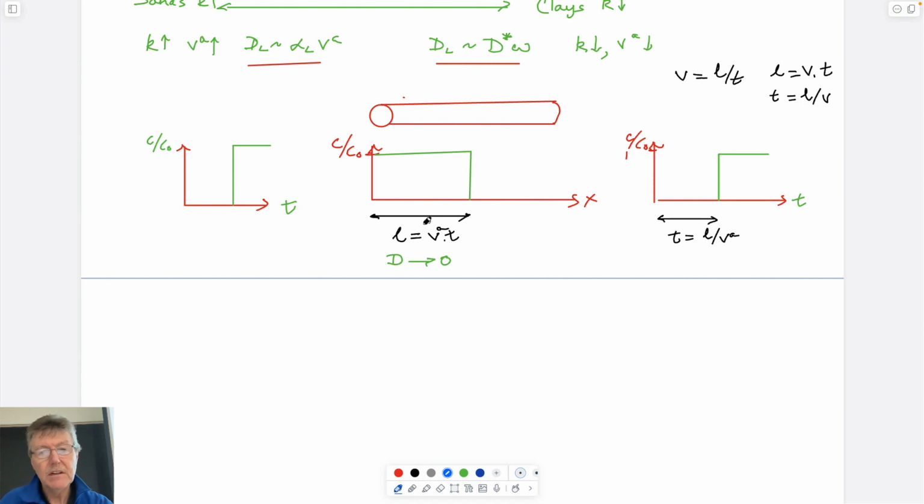And the blue would be for longitudinal dispersion greater than 0. I know I'm mixing up my colors, and so it would be like this.